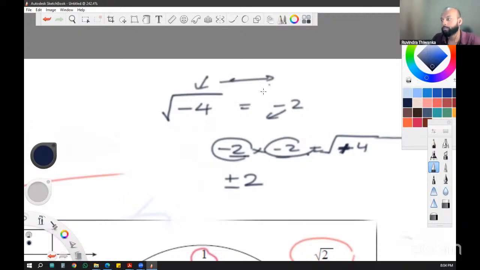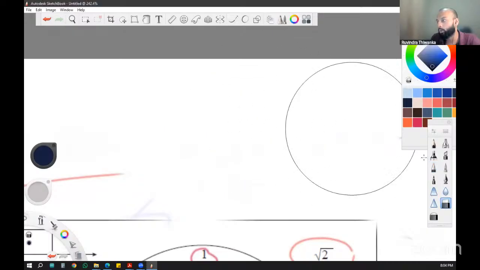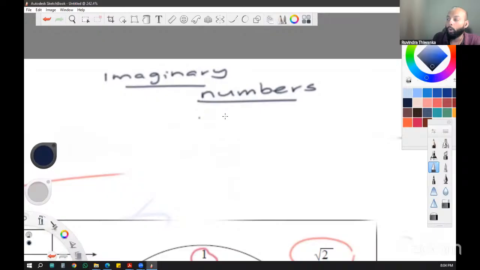So what does this root of minus 4 mean? How do we show this? In the A-level syllabus, you learn about something called imaginary numbers, which we show as i.